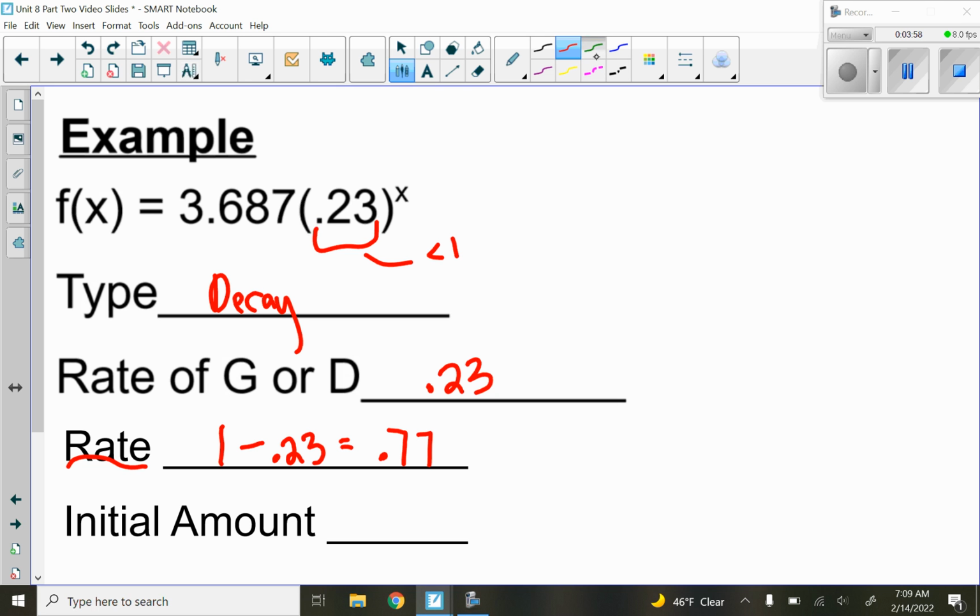And then our initial amount is that number in front. So I think the most challenging part is differentiating between your rate of growth or decay and just the regular rate in general.